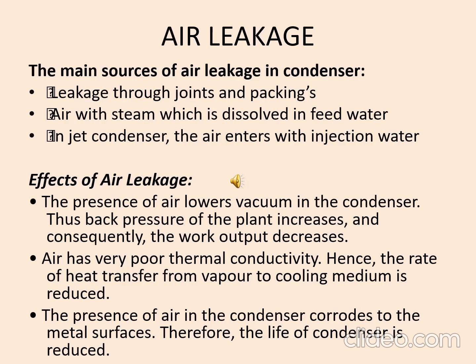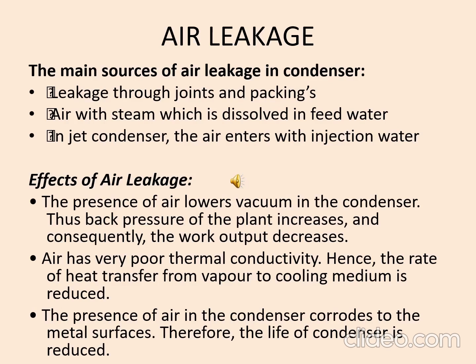When it is less than atmospheric pressure, some vacuum is created. Because of the low pressure inside the condenser, air is also there. That means whatever is inside the condenser is a mixture of water, steam and air.